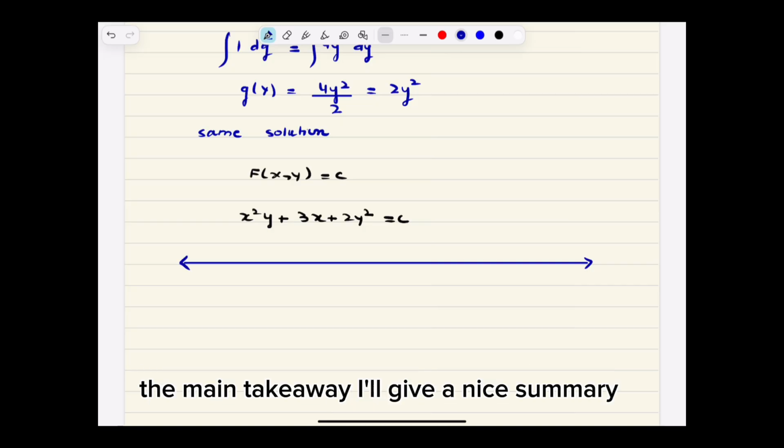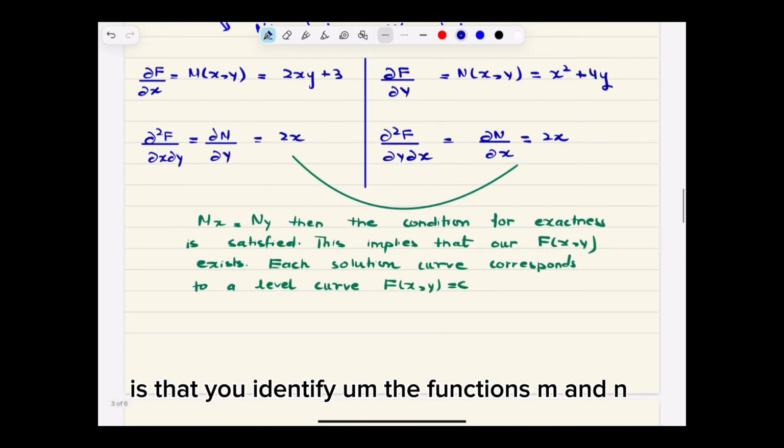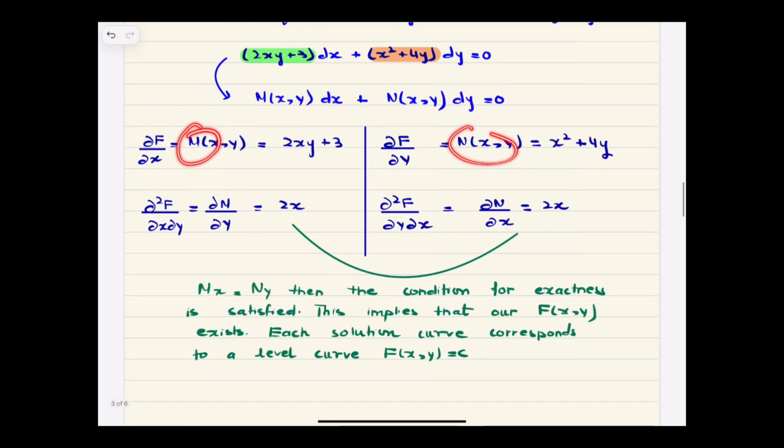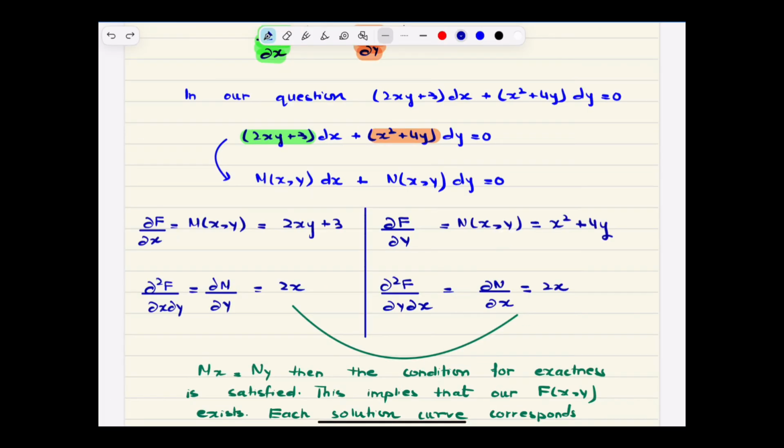The main takeaway, I'll give a nice summary, is that you identify the functions M and N, and then you check the exactness condition.